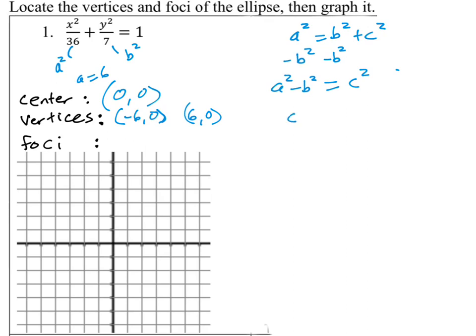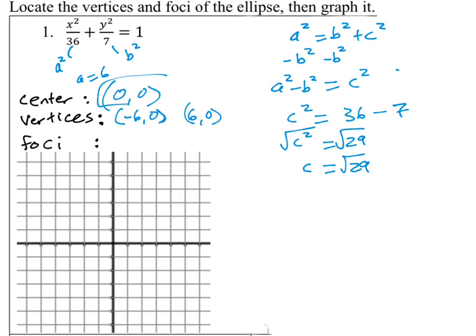So we're going to get c squared by taking a squared, 36, and subtracting b squared, which is 7. And that means c squared is going to be 29. And so to get c, you square root it, which means c is the square root of 29. So now that we have c, you start at 0, 0 and add and subtract this much on the horizontal part.